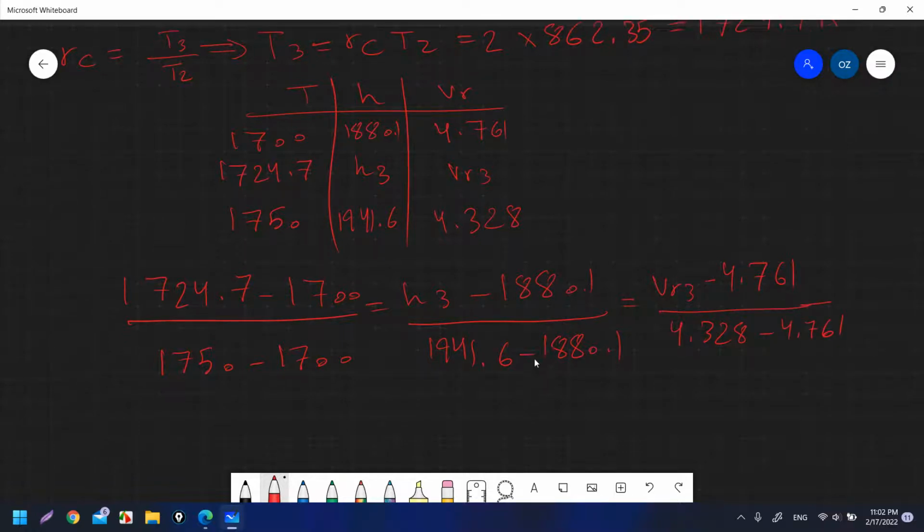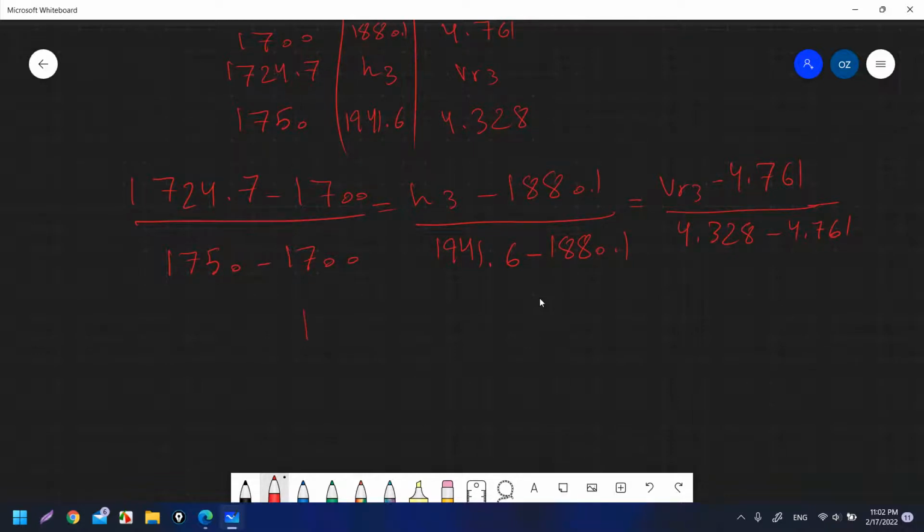Then h3 will equal 1910.48 kilojoule per kilogram, and vr3 is equal to 4.547.